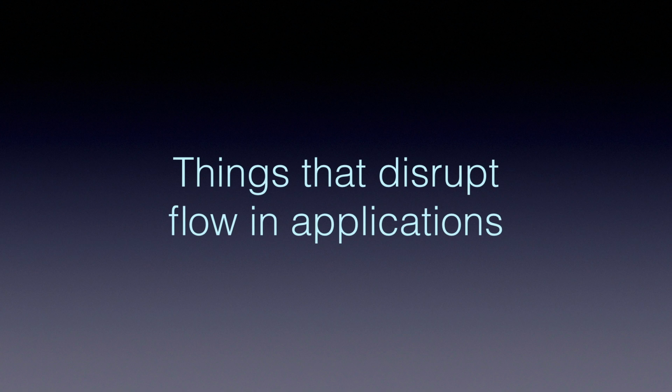So, some of the different things that disrupt flow in an app. Some of the stuff that we've spoken about and other things that you've noticed: what are things that disrupt flow for your app? Yes, too many choices. Good point.